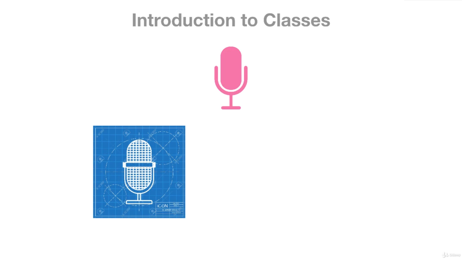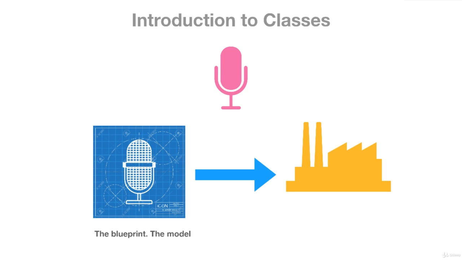Okay, so before the microphone became a microphone, somebody or a team of people had to come together and design that microphone. Essentially, they had to put together a blueprint, the model of what would end up being a microphone. And once they had that blueprint, then they were able to send it to where? Well, to the manufacturer or the factory where they had all the tools and all the parts needed to actually build the microphone, right?